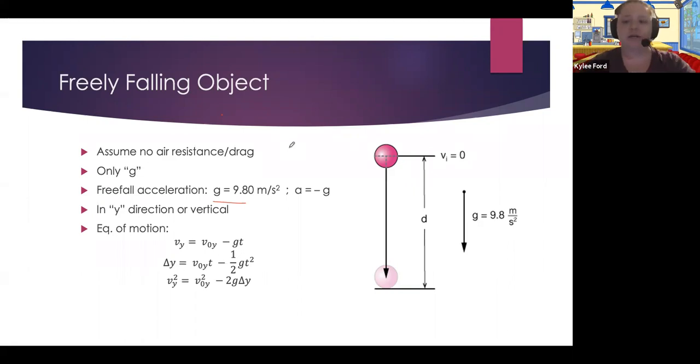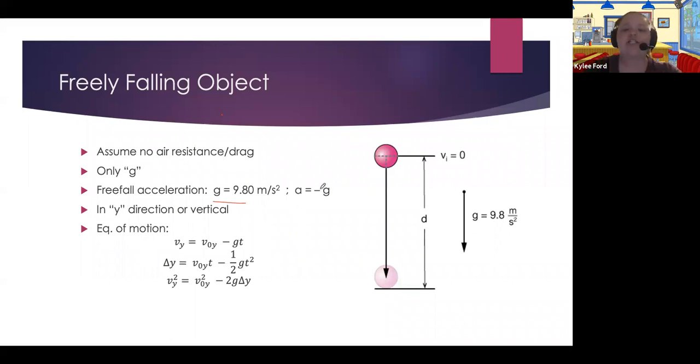So we're only going to be concentrating on what we call G, which is our free fall acceleration, as you can see here. Okay, our G is going to be 9.8 meters per second squared. And the way we define our G, we say it's going in this direction. Okay, it's a magnitude.